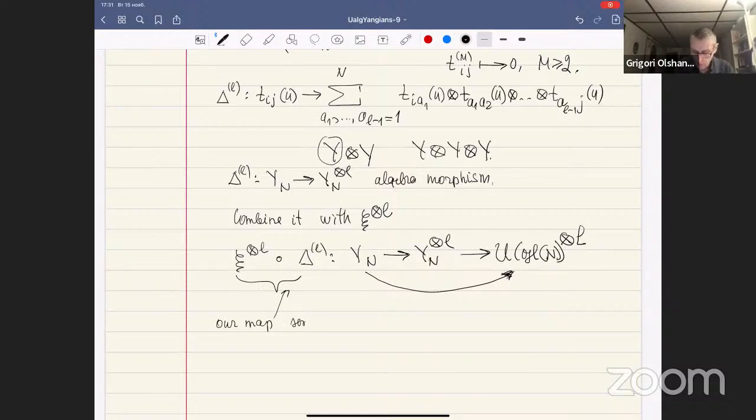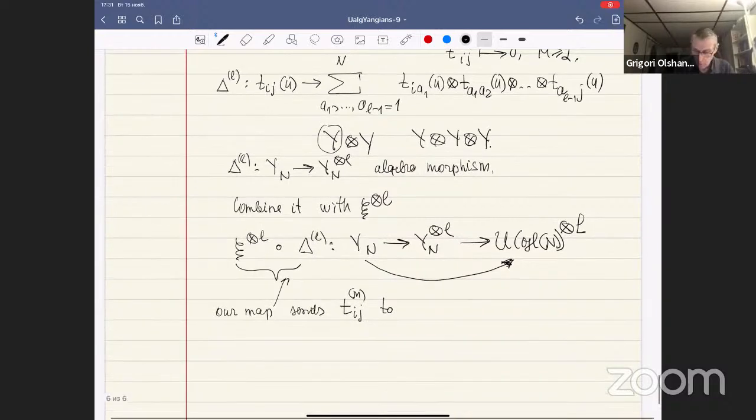It goes to the sum, and next we have to extract the coefficients in our generating series.